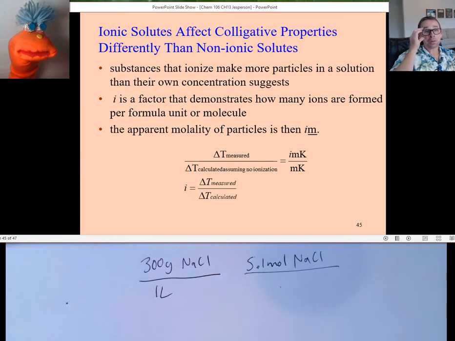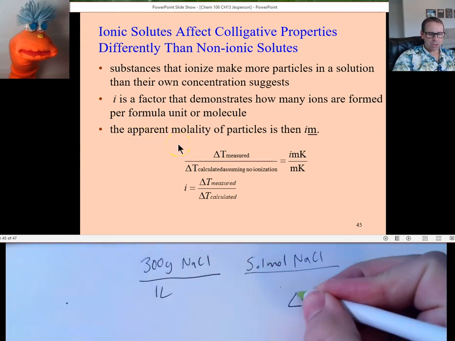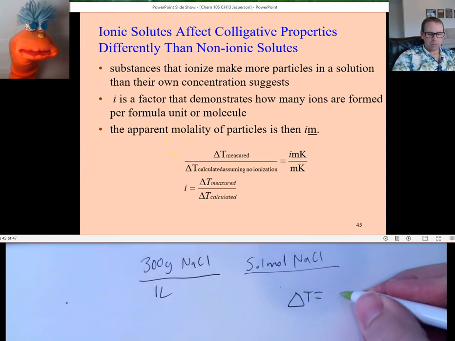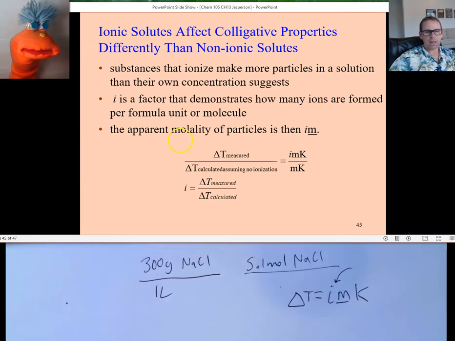And so this is called a van't Hoff factor, and it needs to be put into our equation, our relationship between the change in temperature, the molality, and our K. We need to put that into our equation right there, that i value.